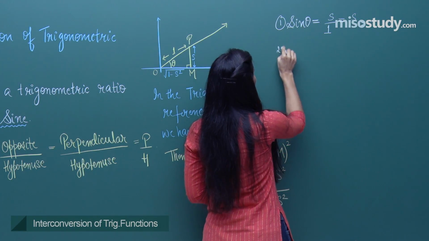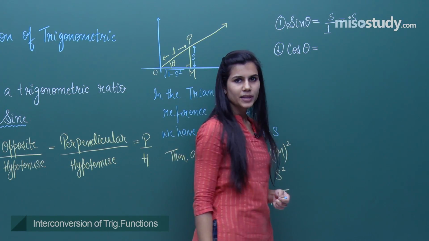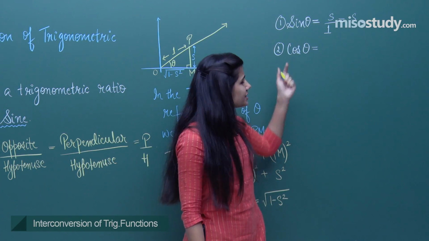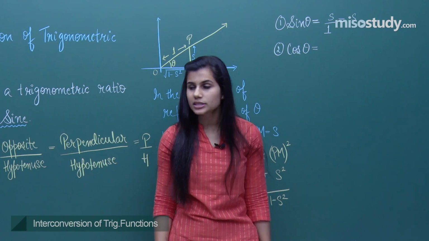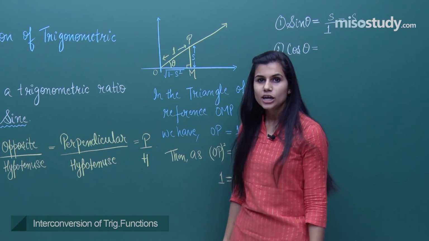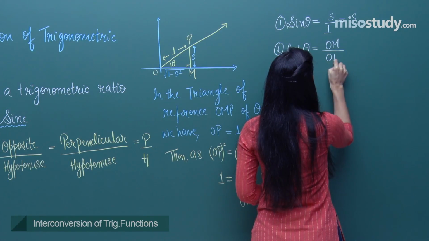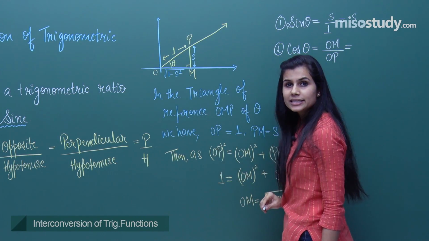Now we begin expressing cos theta in terms of sine. How do we do that? What do you mean by cos theta? Cos theta is nothing but the ratio of the adjacent side with the hypotenuse. The adjacent side is OM, the hypotenuse is OP. So you get cos theta as OM upon OP. But your OM has length under root 1 minus S square.